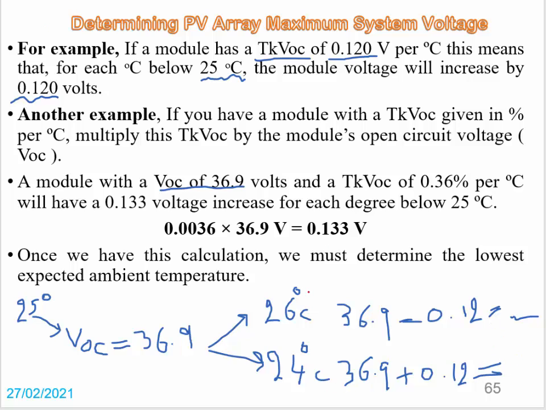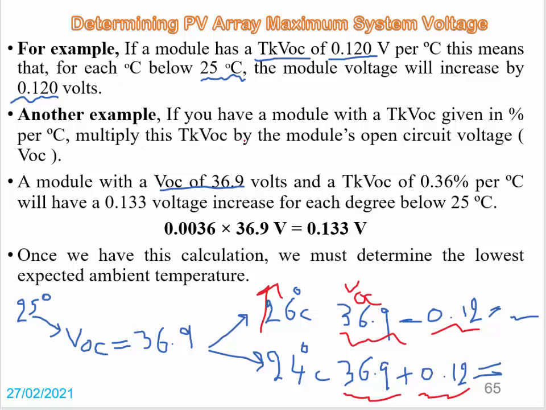So when the temperature increases, the DC voltage, of course this is V open circuit, decreases by 0.12.